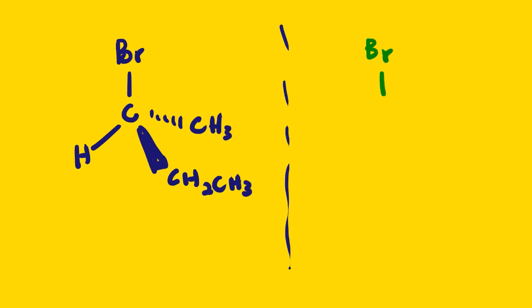Then looking at the stereochemistry, or the 3D model of this, it will be CH2CH3. Then we have our methyl here. Put a mirror here. You expect to see something like this: Br, our chiral center here, and then we have our methyl here, and then we have our hydrogen here.